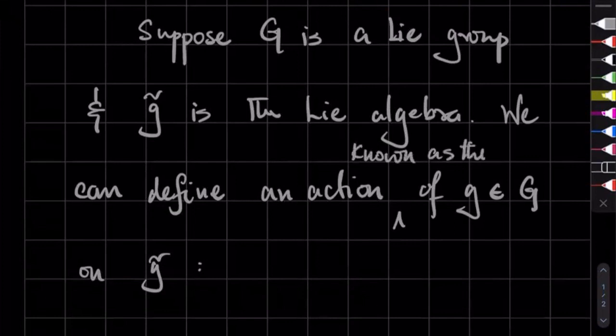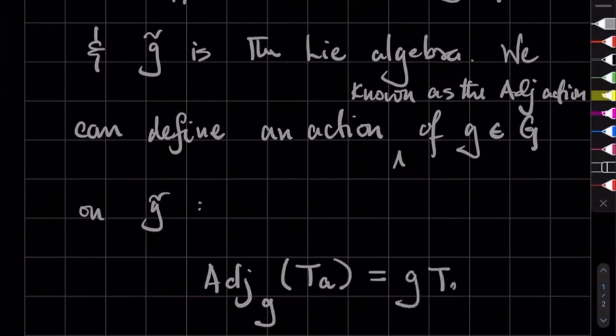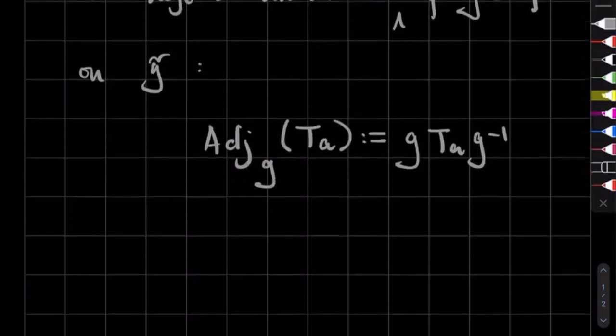The way we define it is that the adjoint action of the group element g on a Lie algebra element, say T_A, is given by g T_A g inverse. So it's conjugation. Okay, so this is a definition.